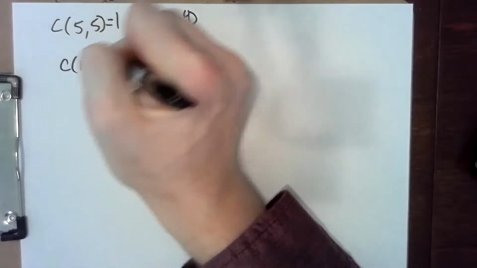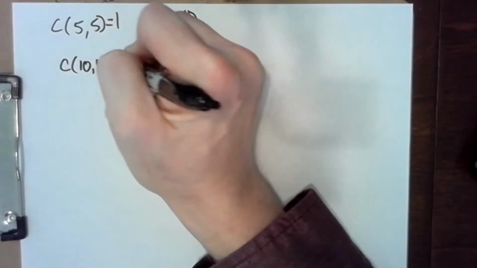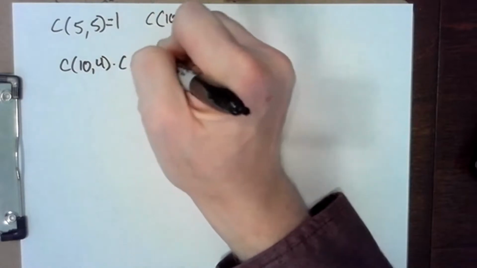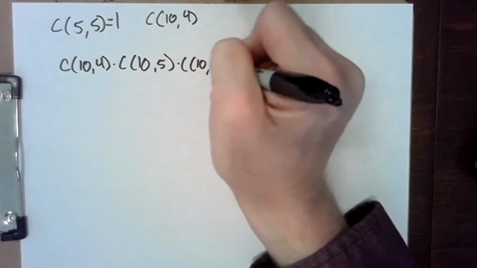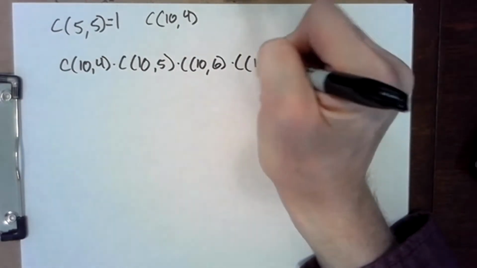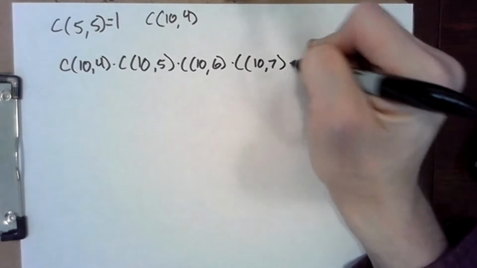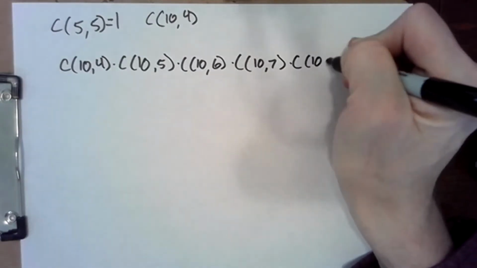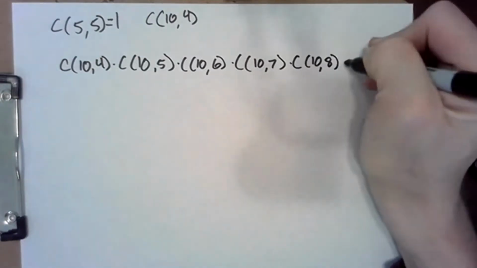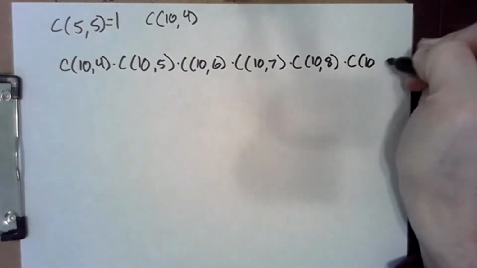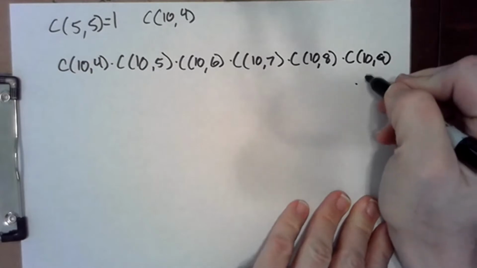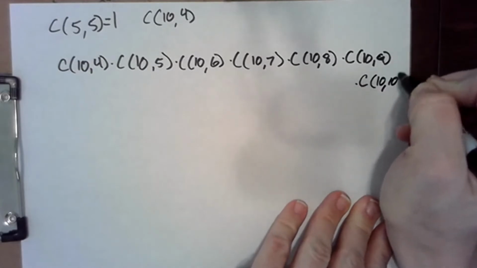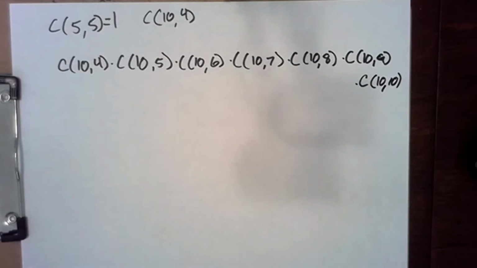So we have C(10,4) times C(10,5) times C(10,6) times C(10,7) times C(10,8) times C(10,9) times C(10,10), because we were running out of space there.